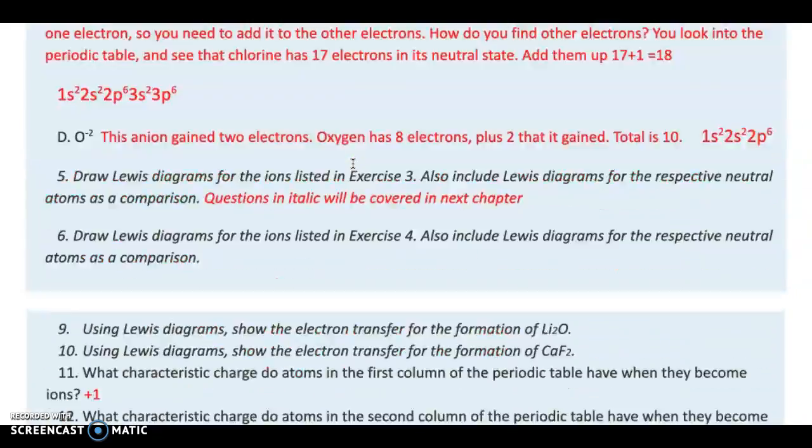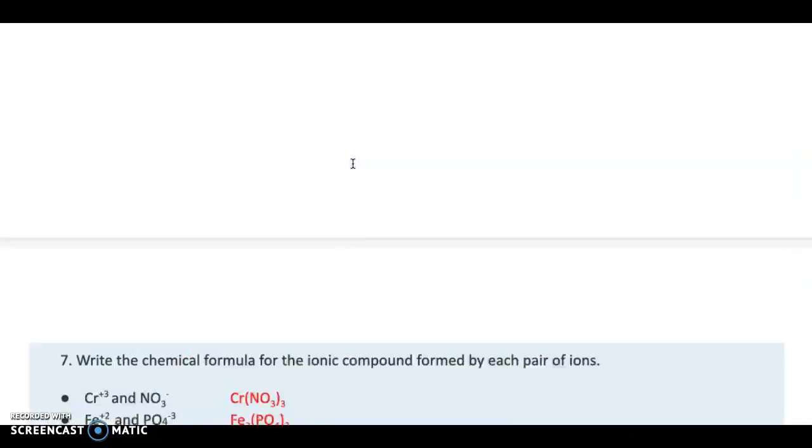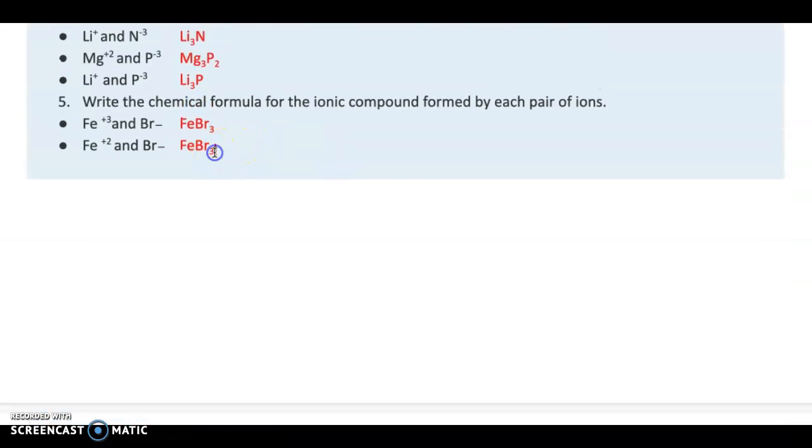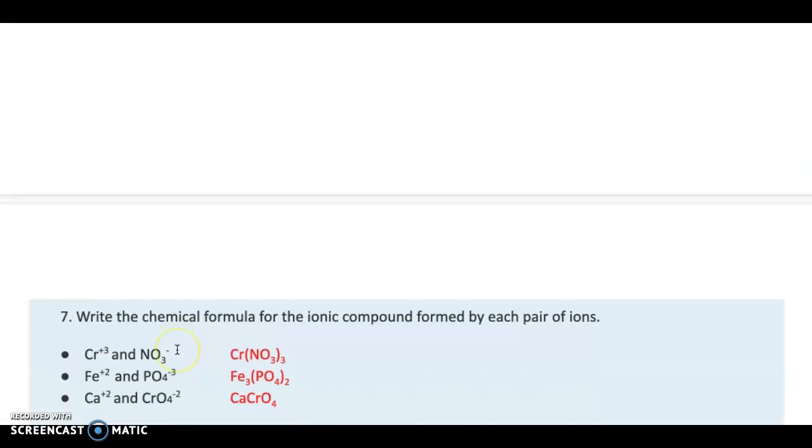Something went wrong, and let's find it. This has to be 2, my mistake. So here you go. This 2 will go for bromide, and iron will be with just 1, okay? Because the charge for bromide is -1.